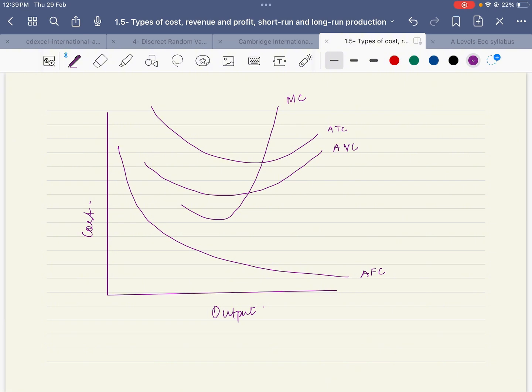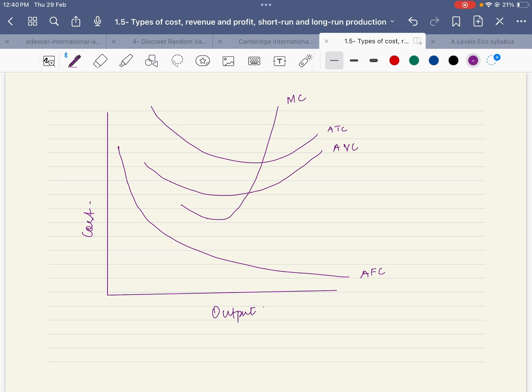As said earlier, the most important cost is the average total cost. Therefore, the most important curve for the firm is the average total cost curve. It shows cost per unit output. As the output rises, average fixed cost will fall because total fixed cost is being spread over the larger output.